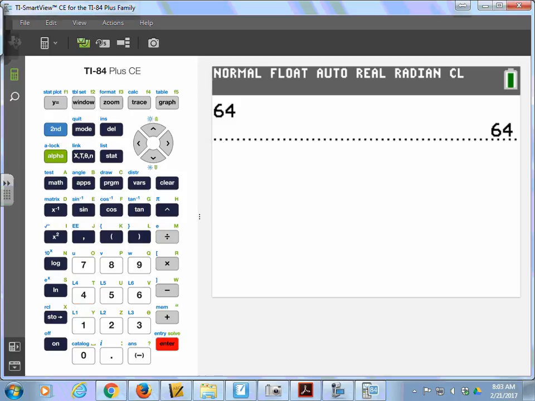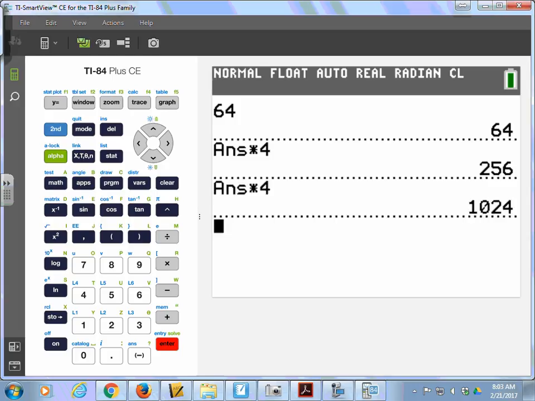What that's done is stored 64 as the last answer of my calculator, and then I can just press times 4. There's my next number, 256, and then instead of having to keep typing times 4, all I have to do is hit enter 2 more times, and it'll do it for you.